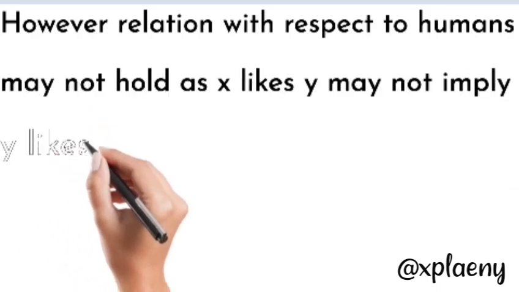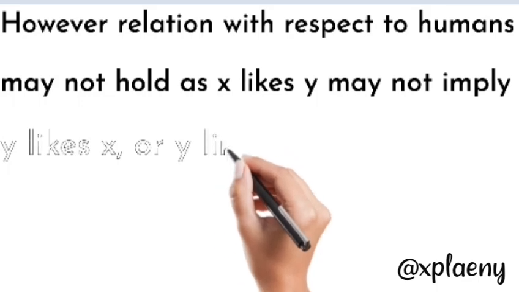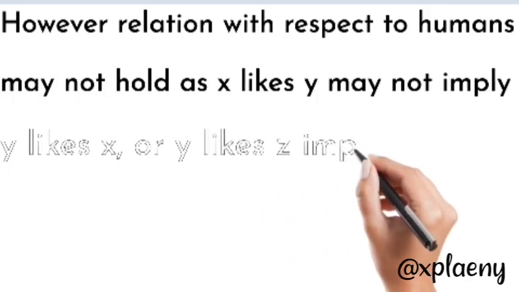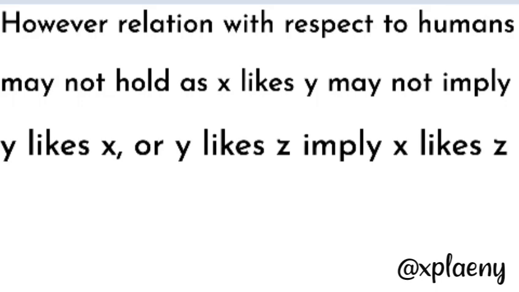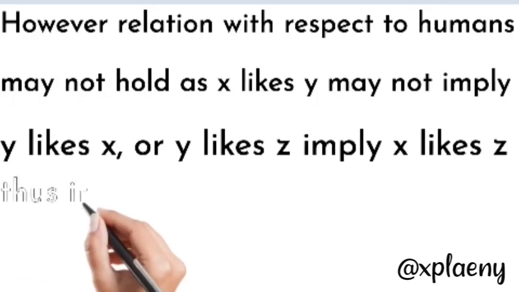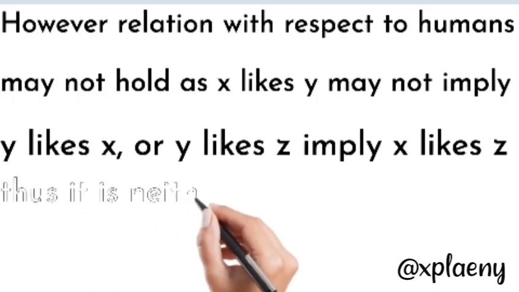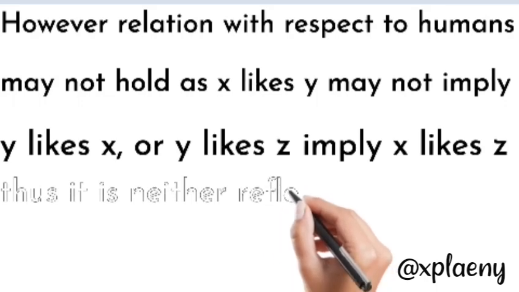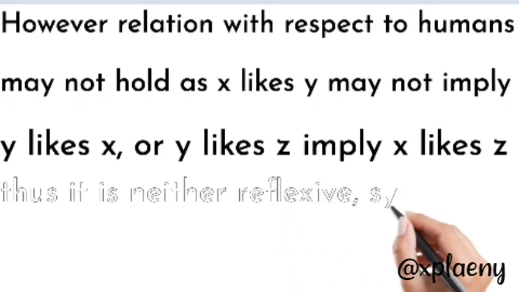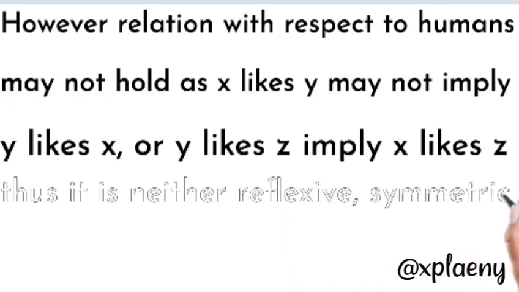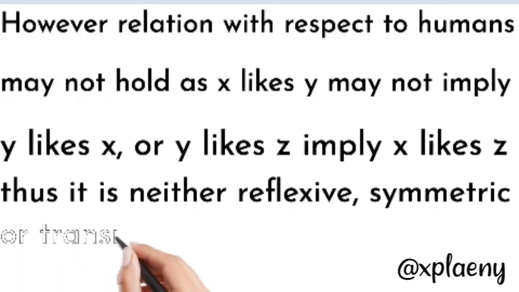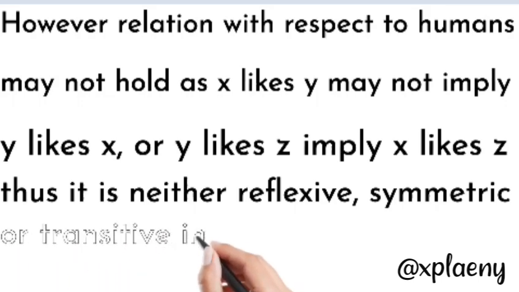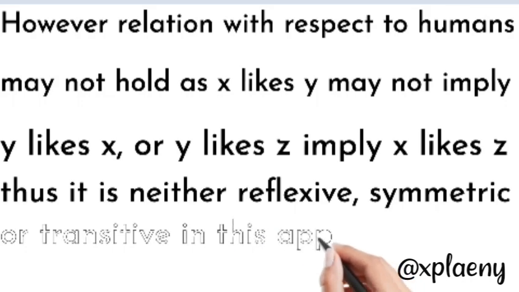Or if a guy likes a girl, it does not mean the girl likes another guy. So in terms of this real life situation, the relation may not hold for transitive, it may not hold for reflexive, it may not hold for symmetric, because it doesn't have to be like that in a set of humans.